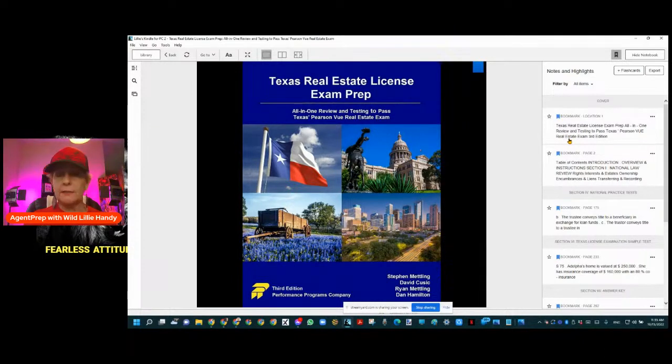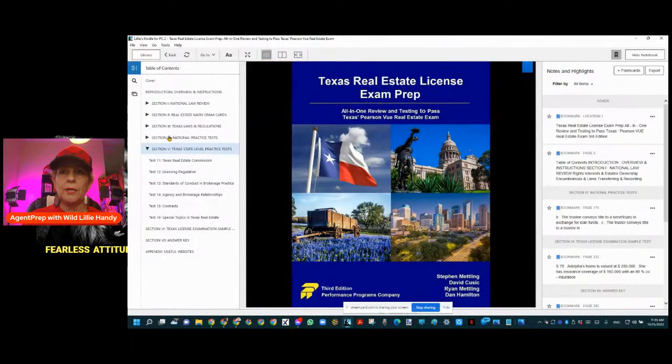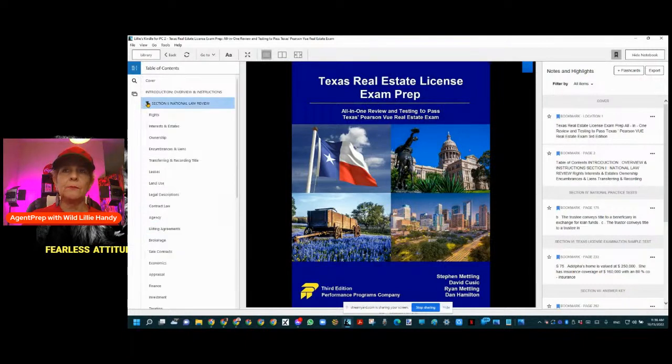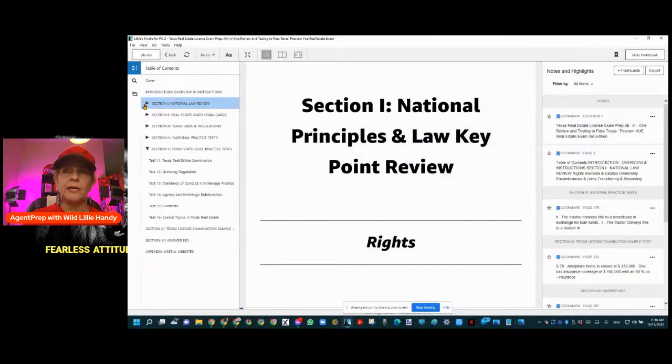So we finished that today, and now we're doing just chapter 14 or test 14 of the Texas state, because the book is divided this way. Where you have Texas national sections, and then the Texas license examination sample, which is what we finished. So you have different sections here, the explanation, and then it goes to practice tests.